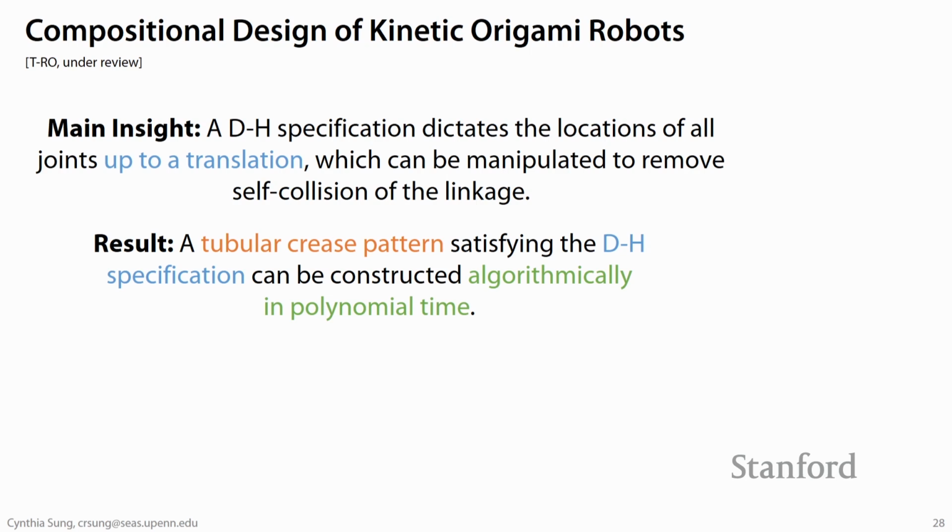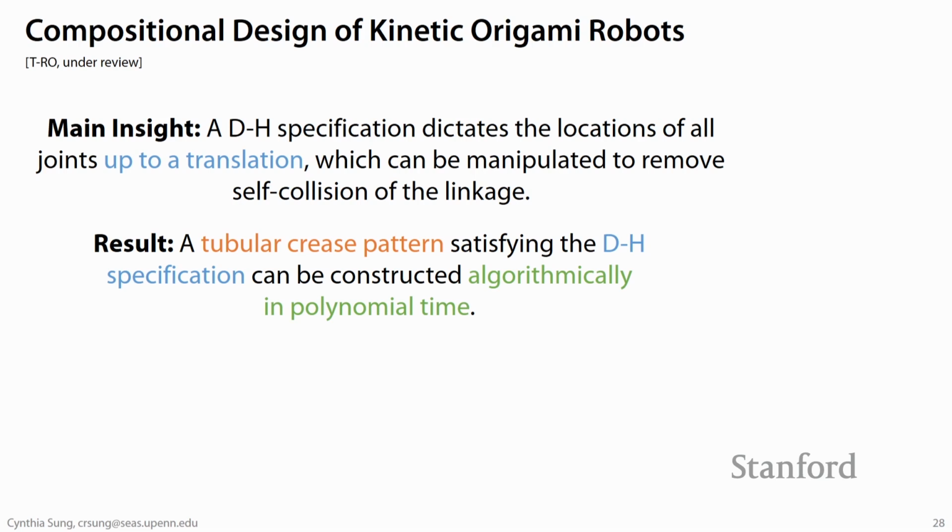So our main result here is that given this set of modules that can give you rotation, translation, both as a free degree of freedom or just as a rigid transformation, and the fact that all of these modules are parameterized, so we can get a particular range of motion out of each of the joints and a particular geometry out of each of the rigid parts, we can always construct a tubular crease pattern that corresponds to a desired DH specification.